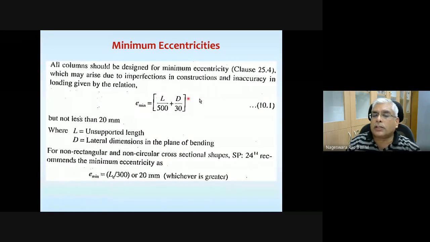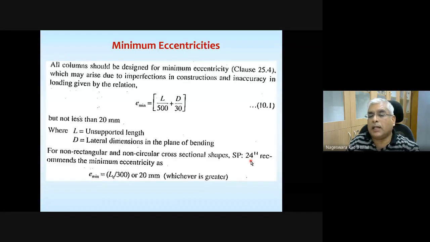L should be in millimeters, D should be in millimeters, and you calculate minimum eccentricity using this relation, and also compare with 20 mm; if it is less than 20, you take at least 20. This is for rectangular columns, and for non-rectangular, non-circular cross sections, the recommended minimum eccentricity is given in SP24.